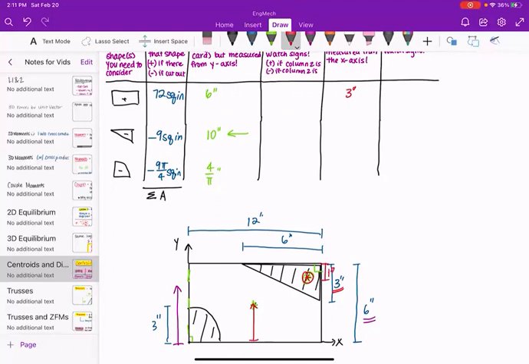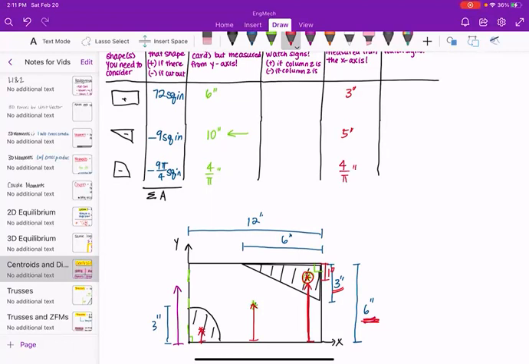But again, because we want it measured from the x-axis, we're going to do 6 from here minus that 1, because we want this distance. So that's just going to be 5 inches here. And then again, this one is 4r over 3 pi, and r is 3, so it's just 4 over pi again.